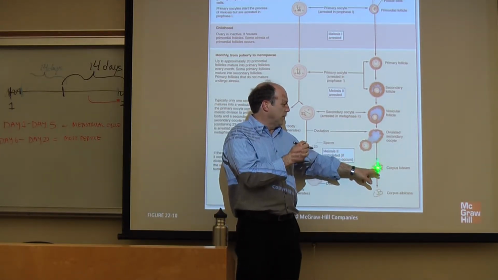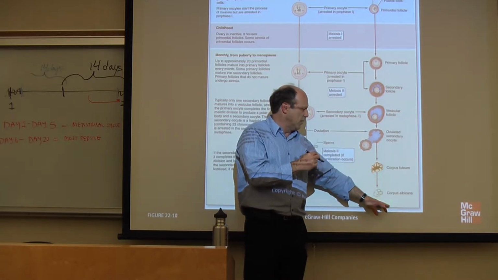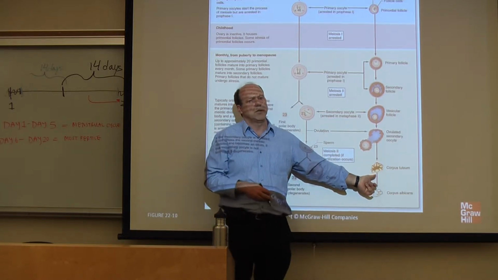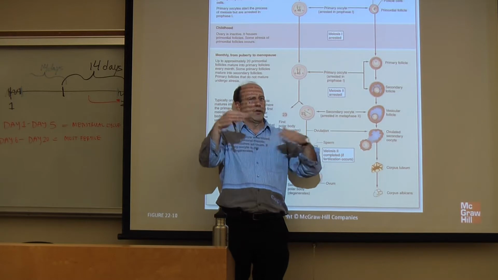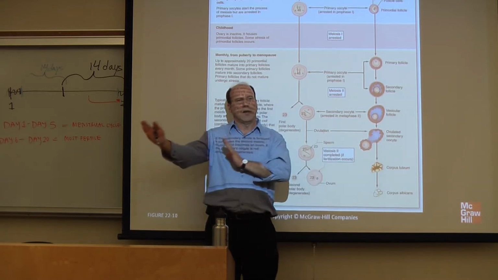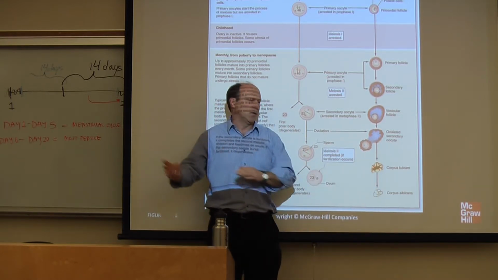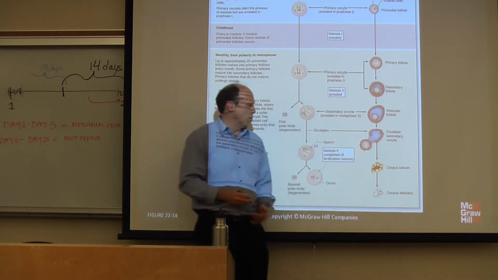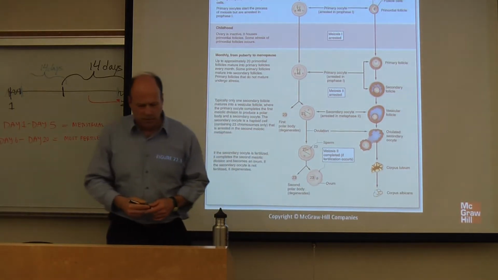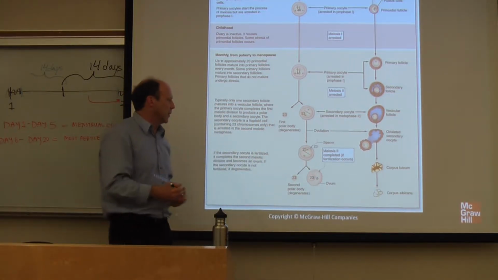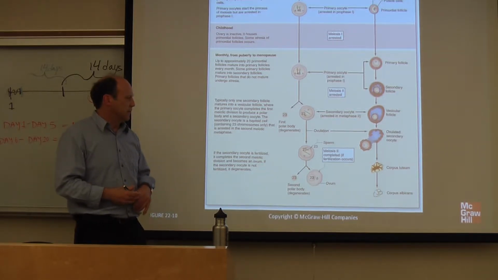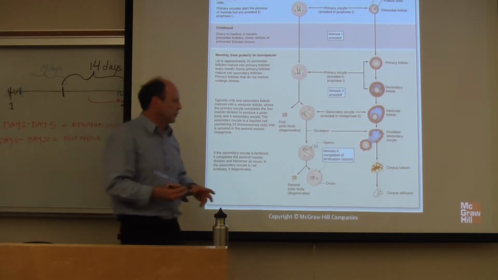So these have epithelial cells in them, but they're an endothelial function. So if I wanted you to match corpus luteum, I would say it's endothelial tissue because it's producing hormones, and the hormones are going to be critical to maintaining the wall of the uterus for fertilization.